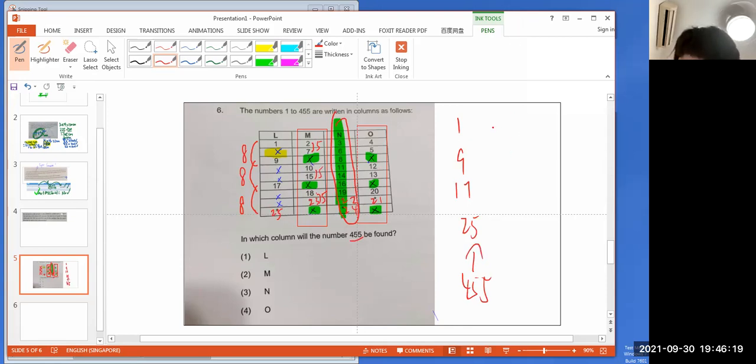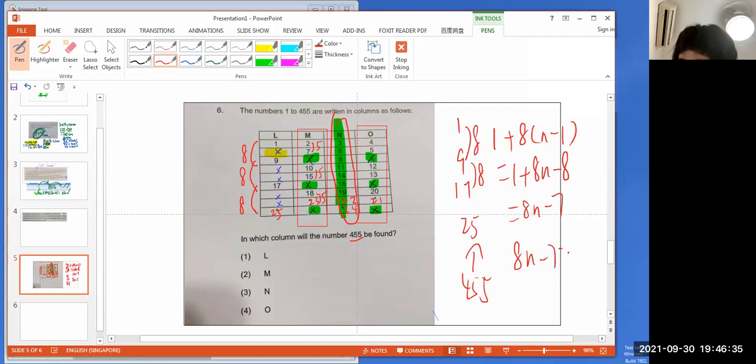How do you check? First number plus the difference, because the difference is always 8, right? n minus 1, so you simplify this: 1 plus 8n minus 8, so it's 8n minus 7. Then equate 8n minus 7 equals 455 and see if you can get a whole number.